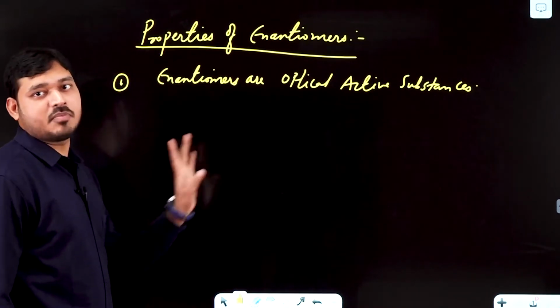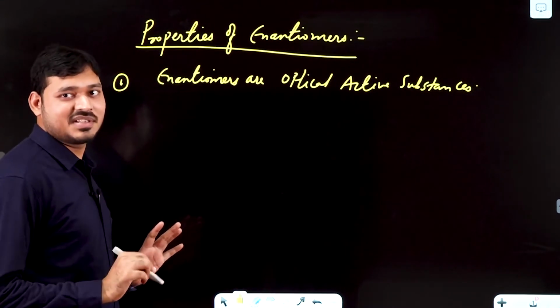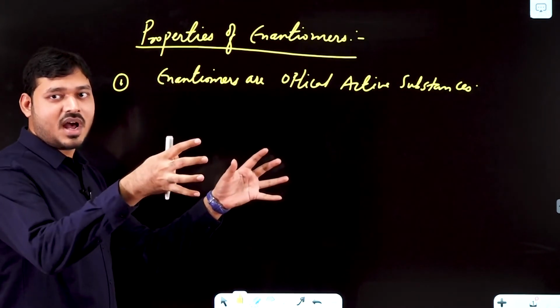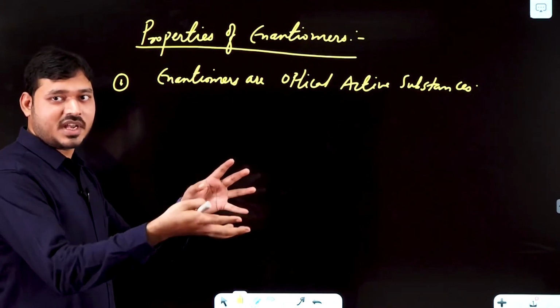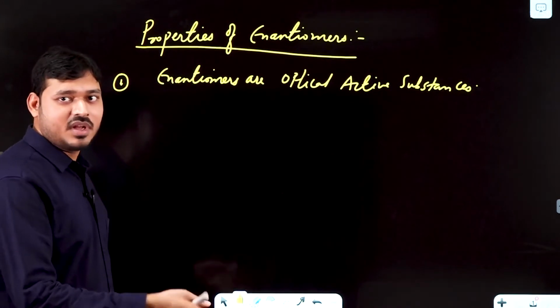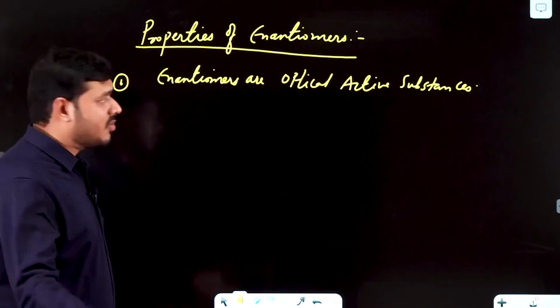See, this is the most important part. They are optically active substances. Means if you are asked whether these two substances are enantiomers or not, first of all check whether the compound is optically active or not. If it is optically inactive, then there is no sense to talk about enantiomerism.